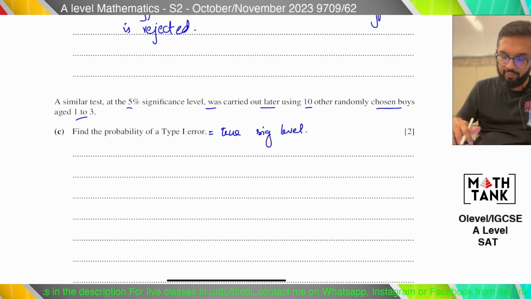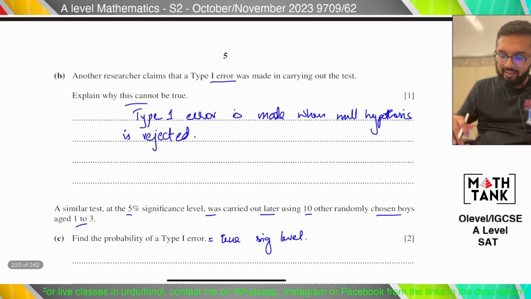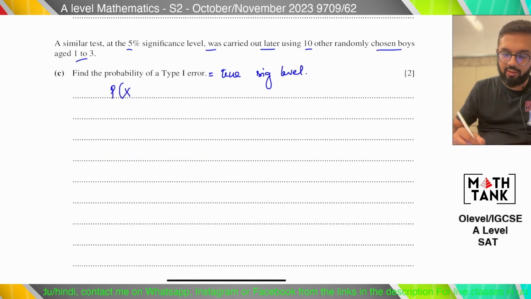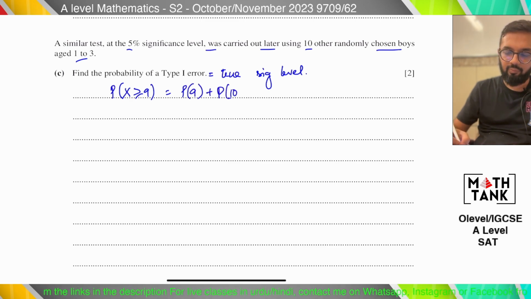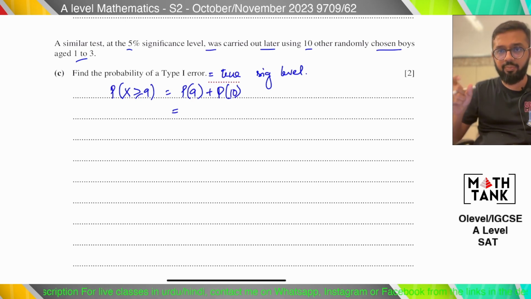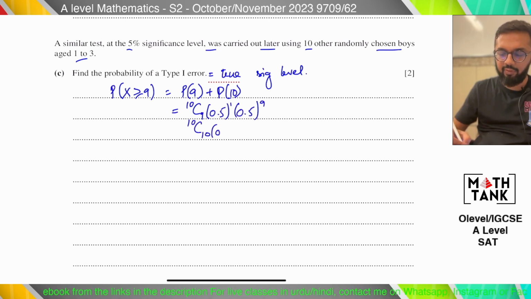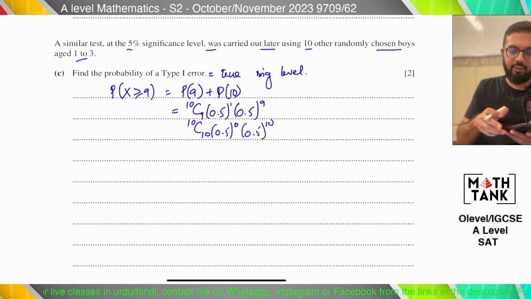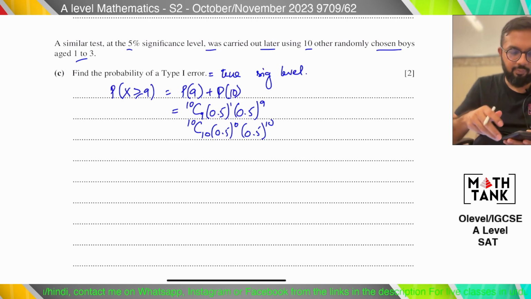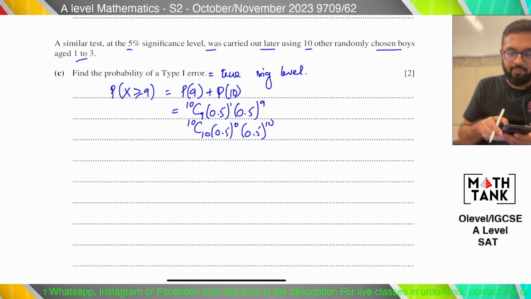So at 8, I wasn't getting this probability. Let's check at 9. So I'm going to calculate the probability of 9 and 10. The probability becomes smaller. It was 5.47% before. I want the probability to be smaller. 10C9 times 0.5 to the power 1, 0.5 to the power 9, plus 10C10 times 0.5 to the power 10.